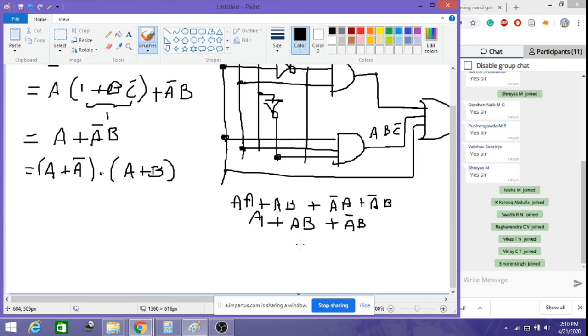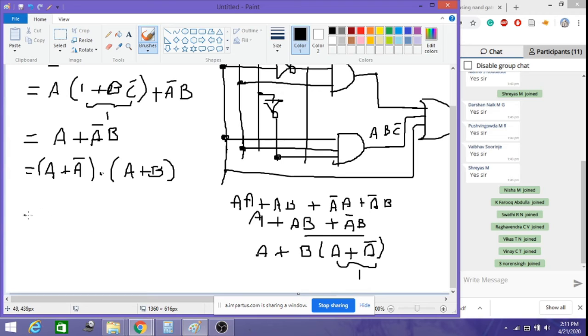From this I can take B as a common term. When I take B common, I'll get A plus B of A plus A bar. We know that A plus A bar is 1.